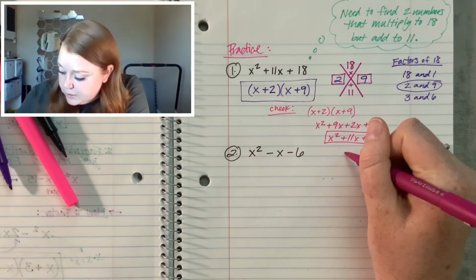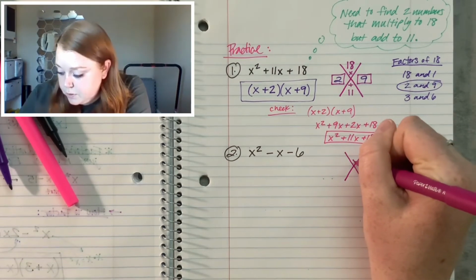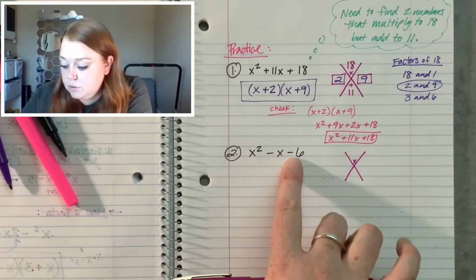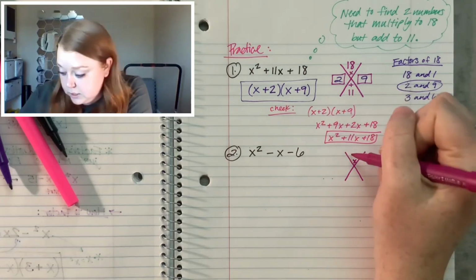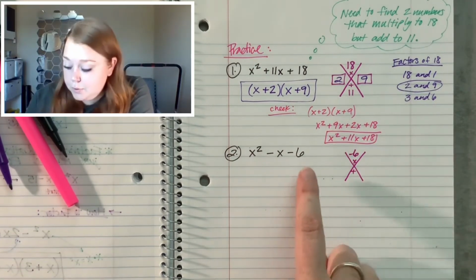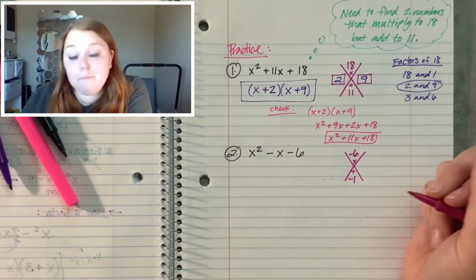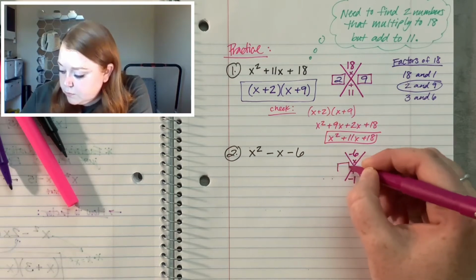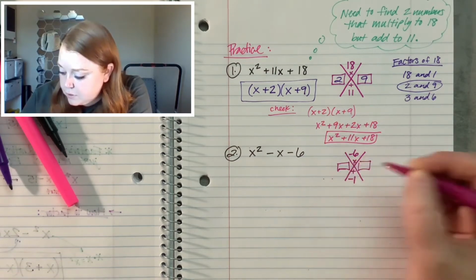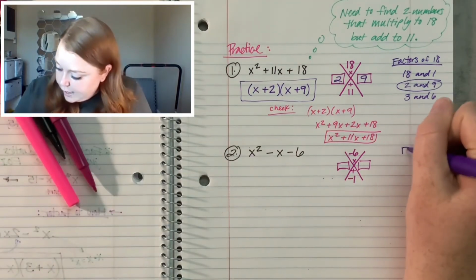So I kind of tell myself, okay, I'm looking for two numbers that multiply to negative 6, but they add up to negative 1. Okay, so we're looking for those two numbers, factors of negative 6. So off to the side, I'm going to do my little factors.